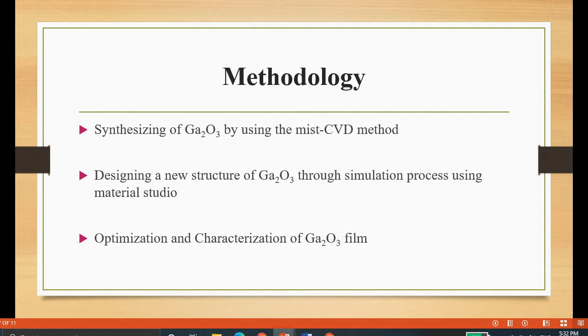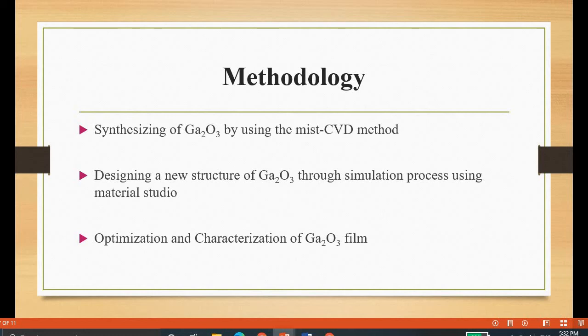The next one is designing the new structure of the gallium oxide through the simulation process by using the Material Studio software 8.0. The purpose is to design an optimization of gallium oxide thin film by using this software.